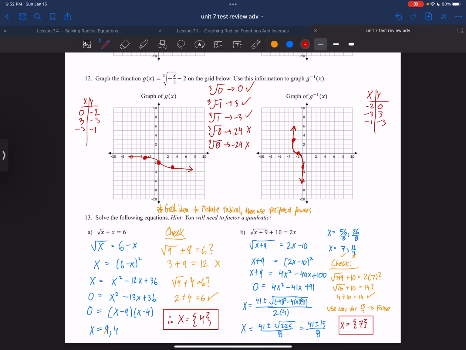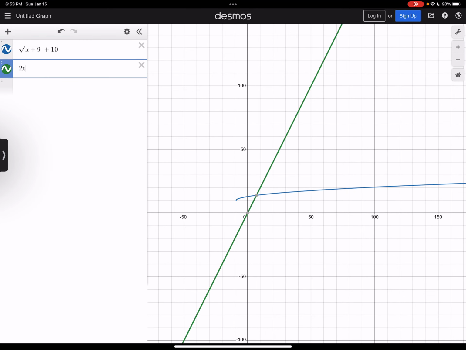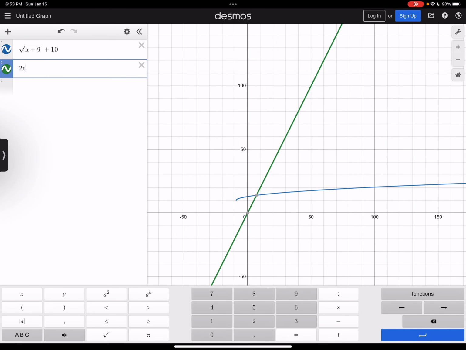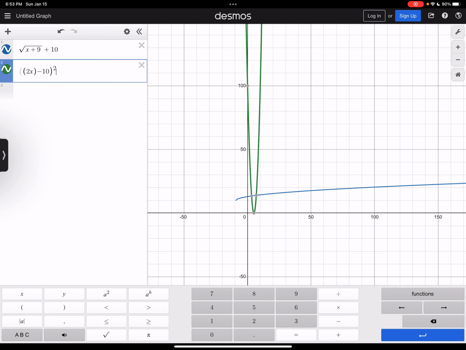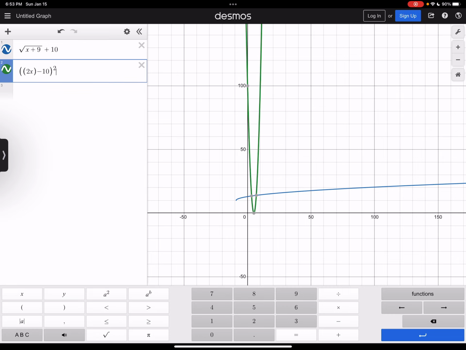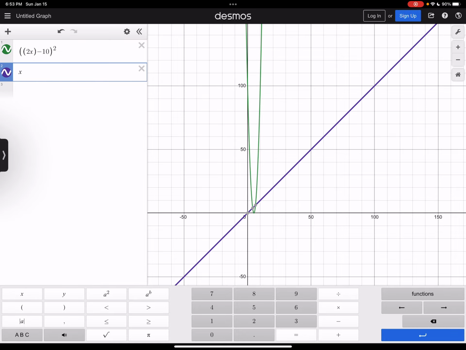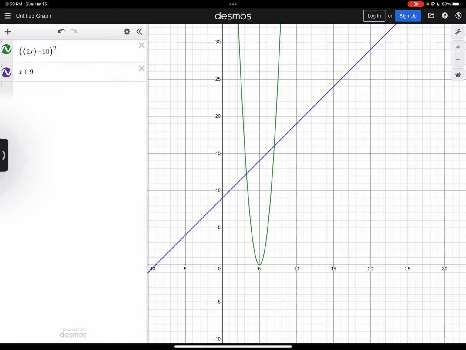And there you go. But do notice, if I type in x plus 9, watch this. If I do 2x minus 10, and I square that, and then I do x plus 9, not in the square root, I do get 2 points of intersection.